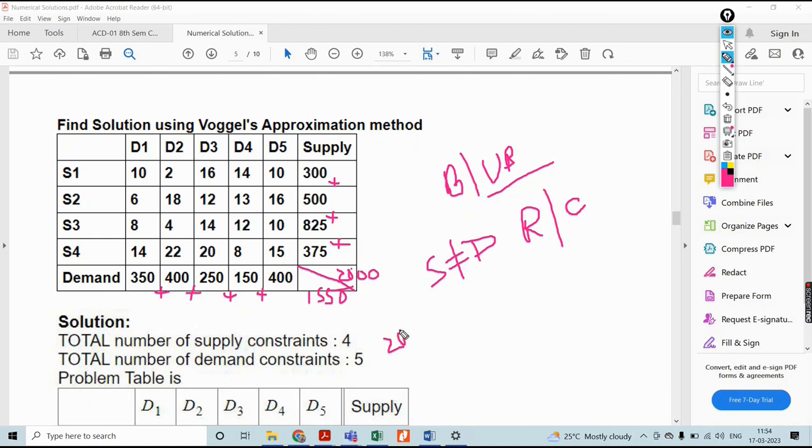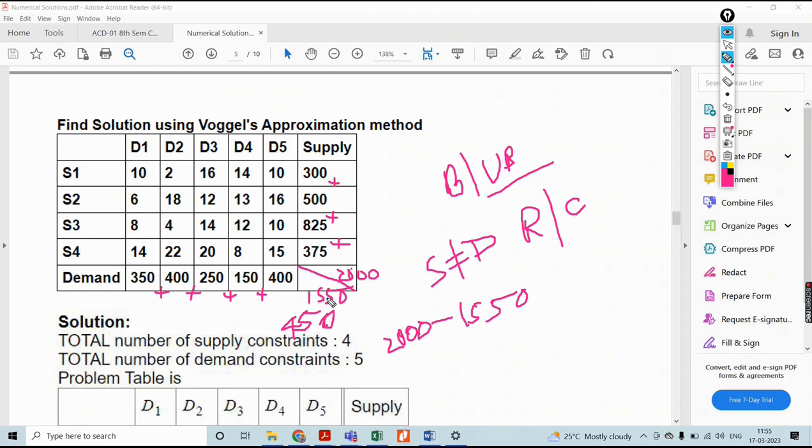Because 2000 minus 1550, make the difference of these values, we get 450. This 450 is the demand that needs to be transported at a charge of 0. That is the meaning of it.